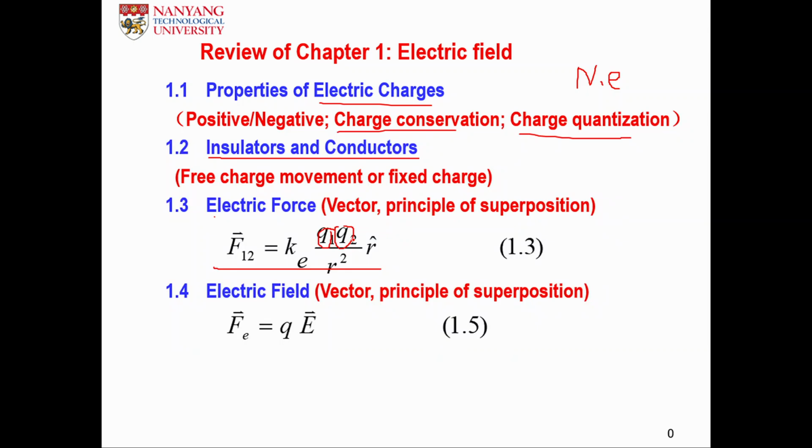There are two scenarios where you can consider them to be point charges. The first scenario, the most basic one, is if the sizes of Q1 and Q2 are very small or negligible. Or, more realistically, if the sizes of Q1 and Q2 are much smaller than the distance r, then effectively we can still consider both of them to be point charges, meaning this formula is valid.